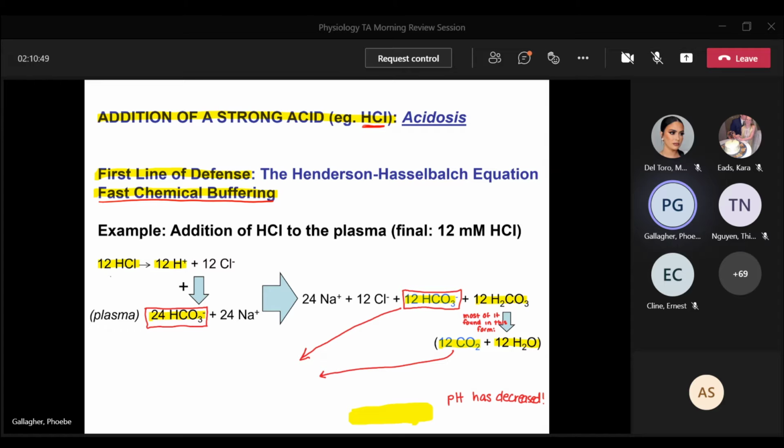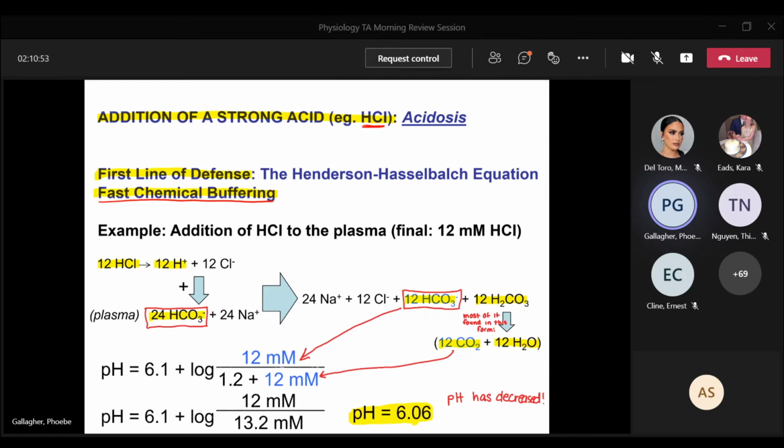So now he's showing you how to determine this through chemical equations. When you add 12 millimoles of hydrochloric acid, which is pretty much just a given value, it's going to dissociate into 12 protons and 12 chlorides. We're really just concerning ourselves with the protons here.